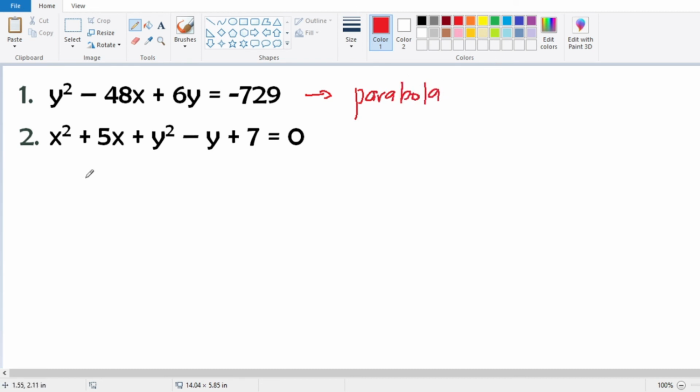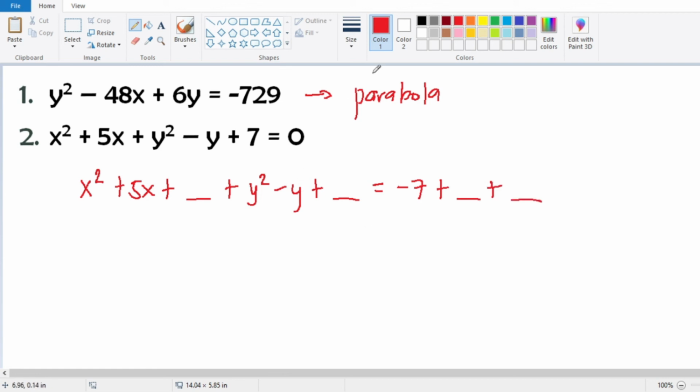Yan. Let's have now x squared plus 5x plus a missing number plus y squared minus y plus a missing number is equal to negative 7 plus 2 missing numbers. Okay? So, completing the squares, you have there 5 divided by 2 squared.